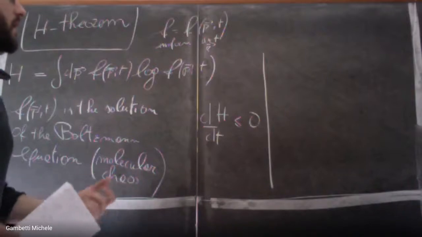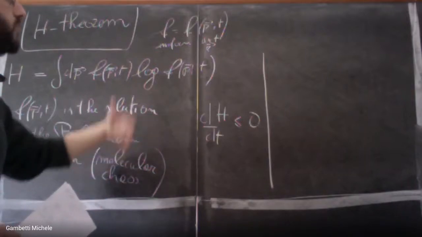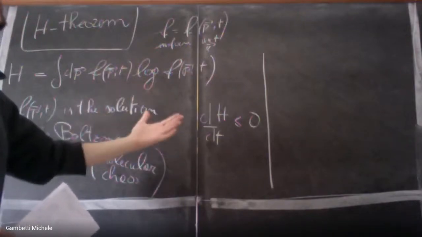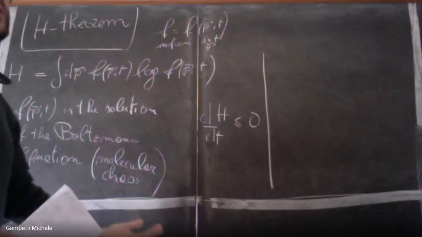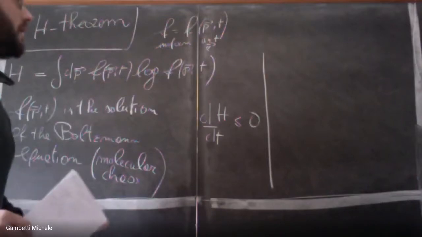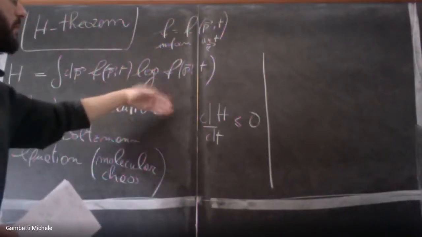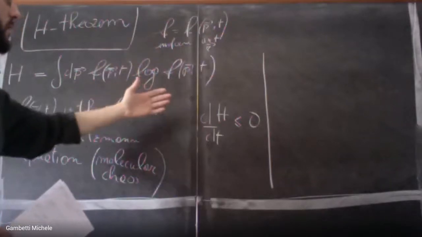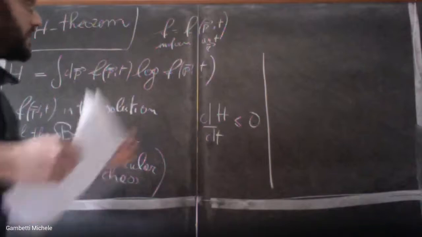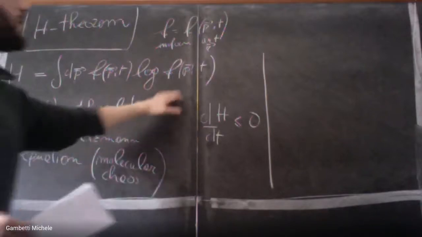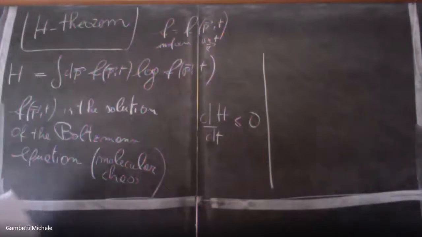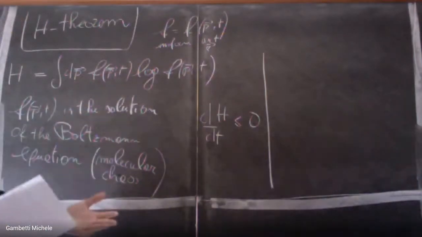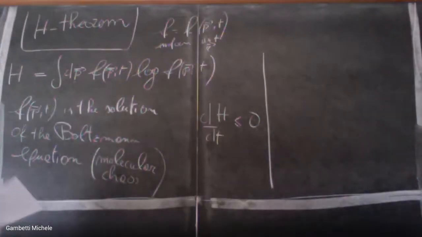Somehow it is a quantity. If you think about entropy as a quantity that is defined only at the thermodynamical equilibrium, as it must be, this quantity basically reproduces the entropy at the thermodynamical equilibrium, but to some extent it generalizes the entropy also in a non-equilibrium situation, so when f is not f0, which is the solution at the thermodynamical equilibrium.